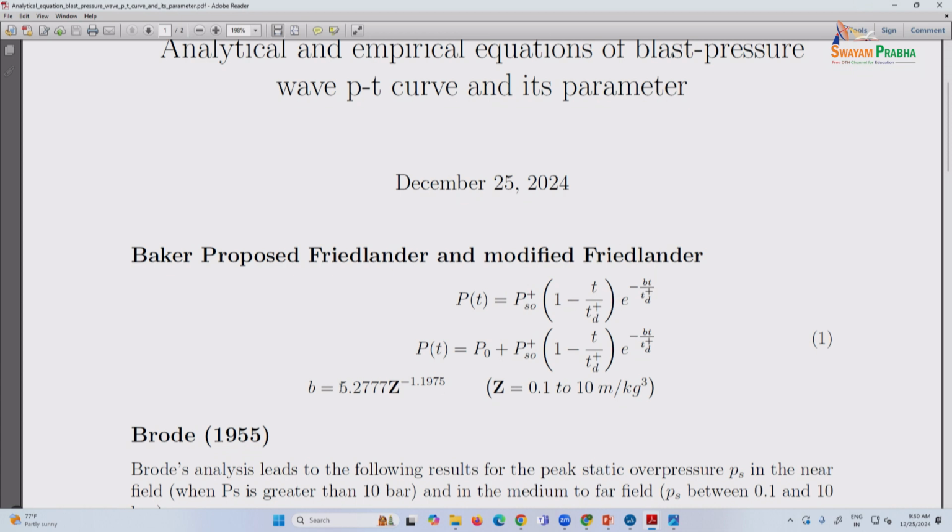If you see the decay coefficient is B, and it seems to be a very precise expression, right? In terms of all the uncertainties, it seems to go to even the 4th decimal, and that's how publications are there. Well, those days it was analytical expressions they were using. So you can see this is again the validity of Z from 0.1 to 10 meters per kg cubed.